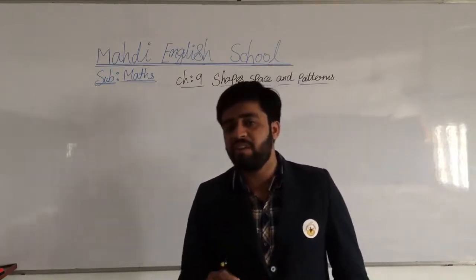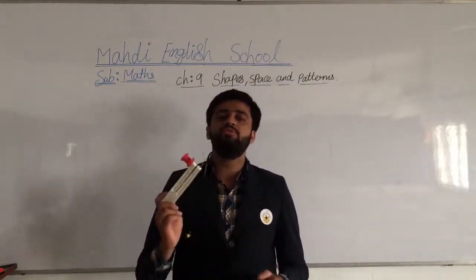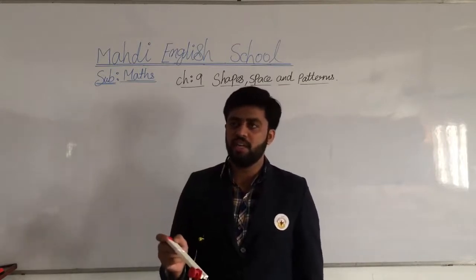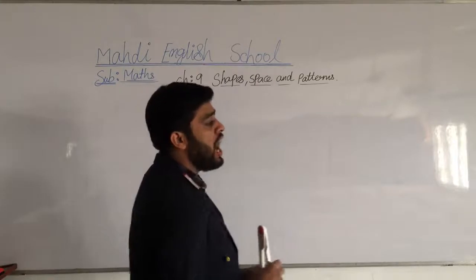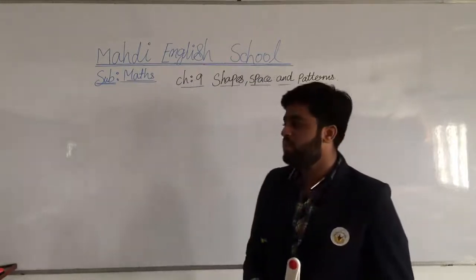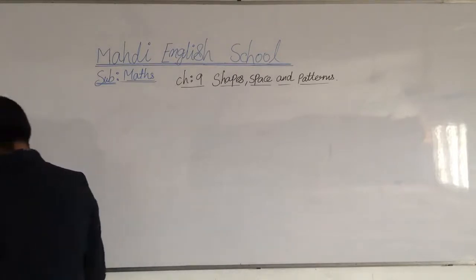Why do we give the name rounder? Because it is used for making a round circle. So how do we draw with the rounder? Step by step, we are going to learn here.